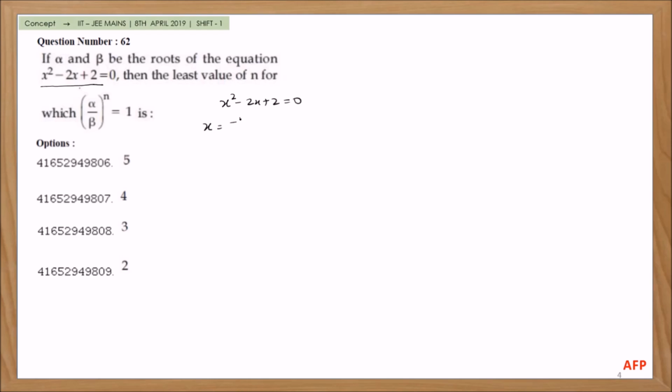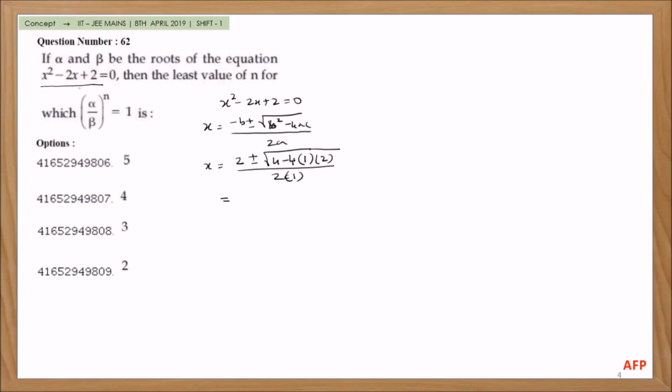x is equal to minus b plus or minus square root of b square minus 4ac, divided by 2a. So here we will substitute the a, b, c values: a is 1, c is 2, divided by 2a.